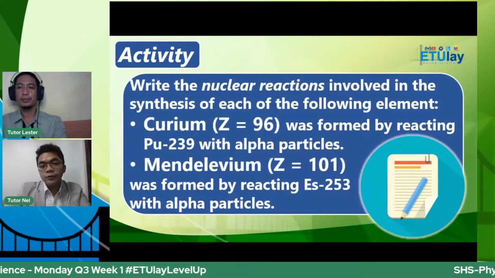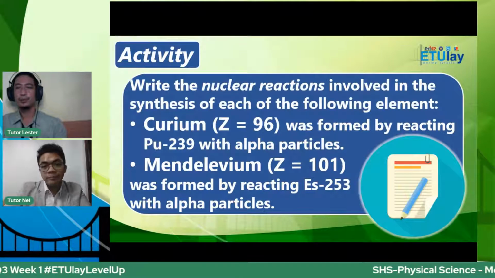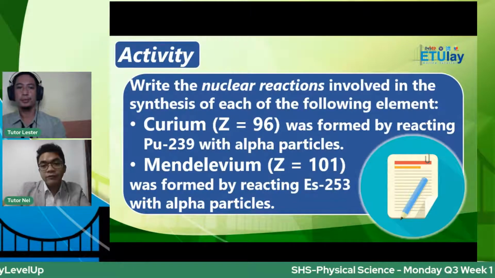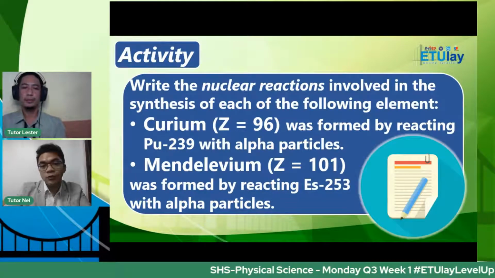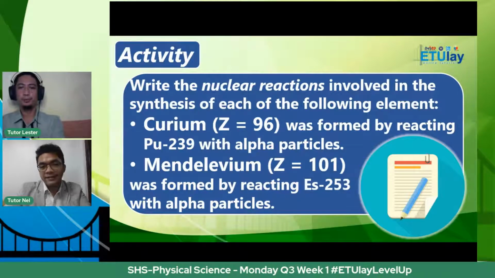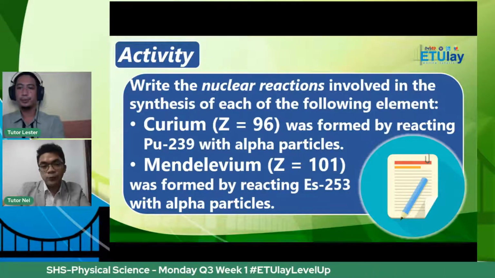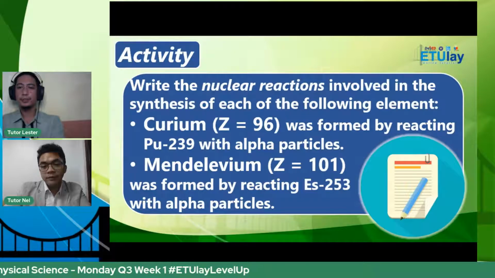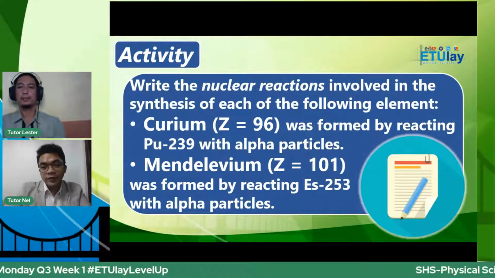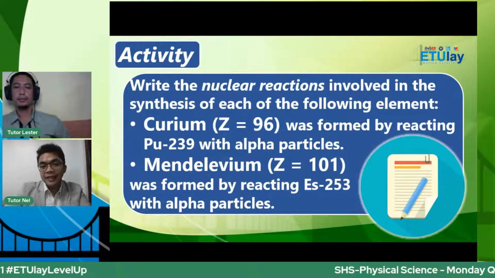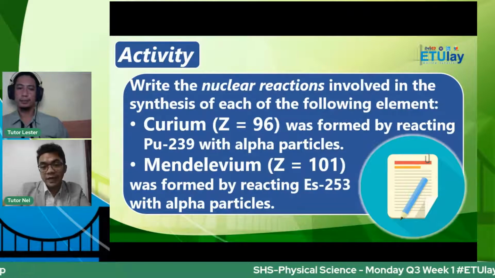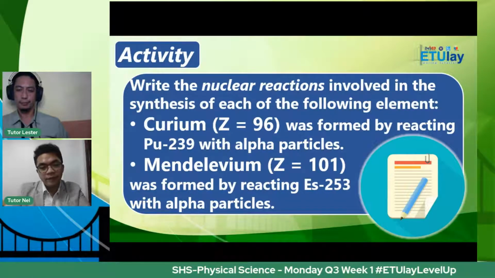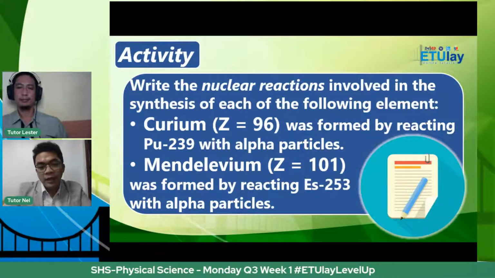Number 1, curium with the atomic number of 96 was formed by reacting plutonium-239 with alpha particles. Number 2, mendelevium, atomic number 101, was formed by reacting einsteinium-253 with alpha particles.